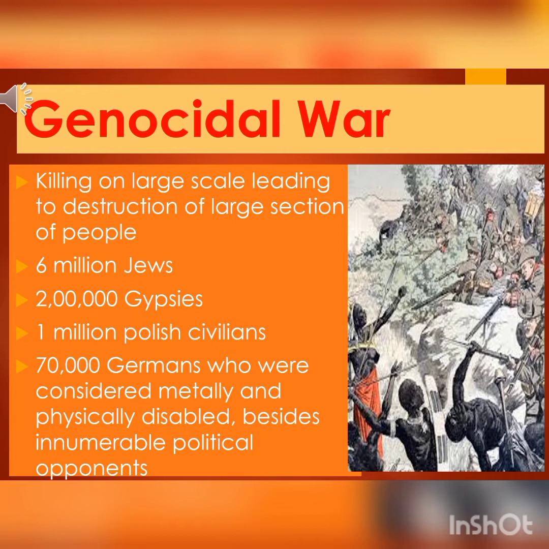The number of people killed included 6 million Jews, 2 lakh gypsies, 1 million Polish civilians, 70,000 Germans who were considered mentally and physically disabled. Besides, innumerable political opponents were also killed.